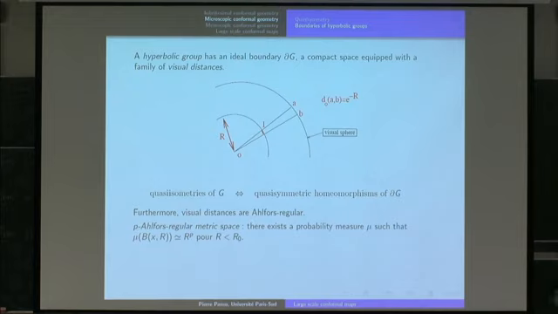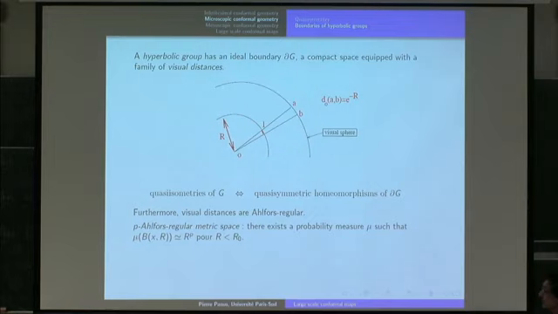Now when you change the origin O, it turns out that these distances vary in a quasi-symmetric manner. So the identity with respect to two different visual distances is a quasi-symmetric map, at least, let's say, locally. So the notion of a quasi-symmetric homeomorphism is well defined on and between ideal boundaries of hyperbolic metric spaces.